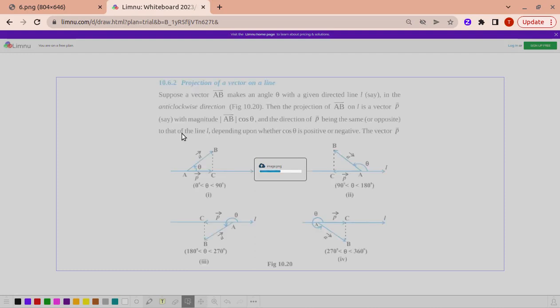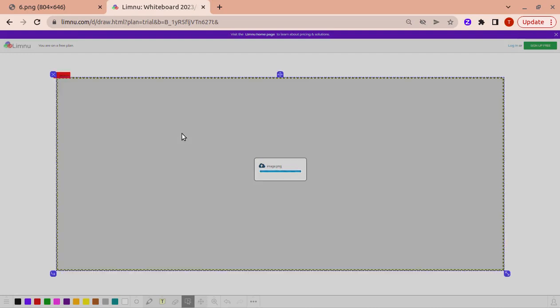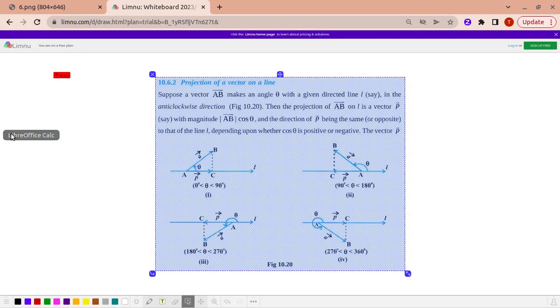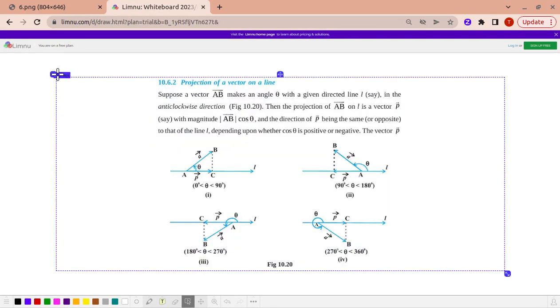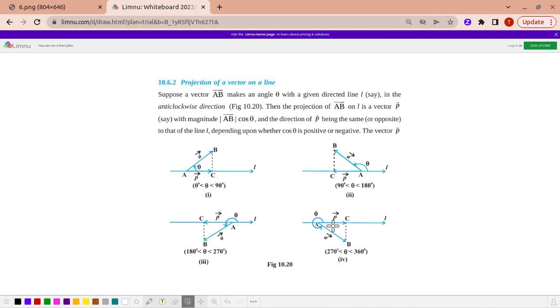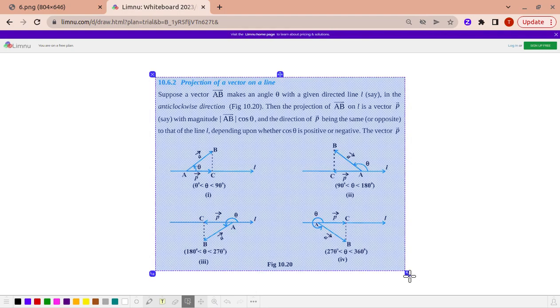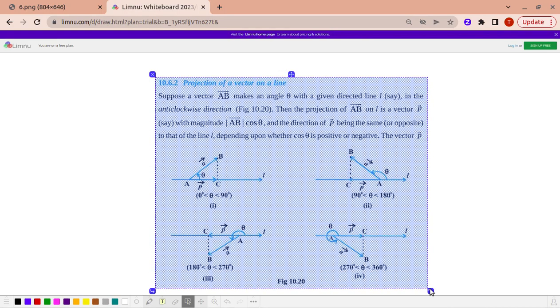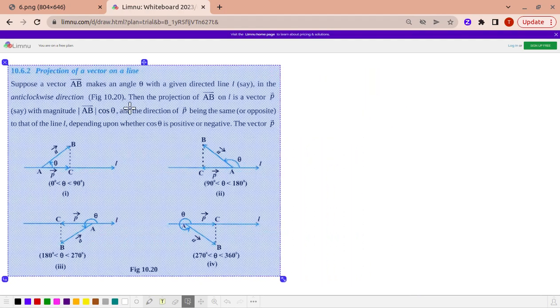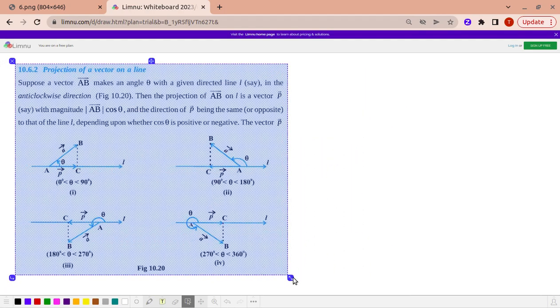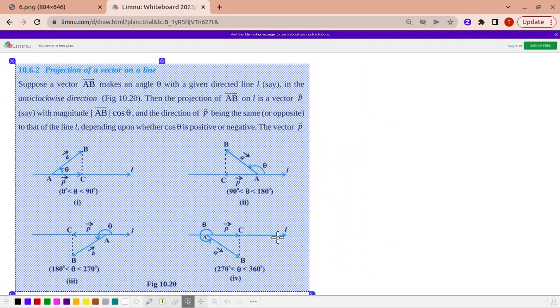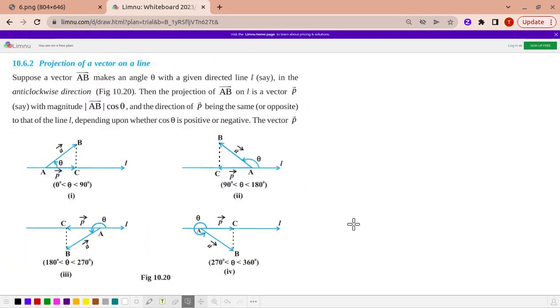What is meant by projection? For example, in physics, mechanics, when multiple forces are acting on a particle, then you need to discuss the projection of one force along the direction of the other. These are very practical phenomena in physics problems.